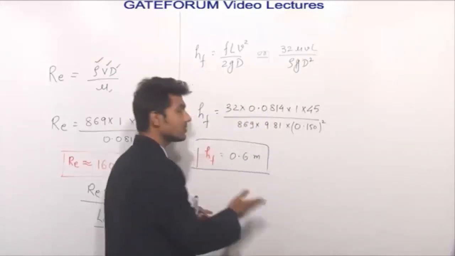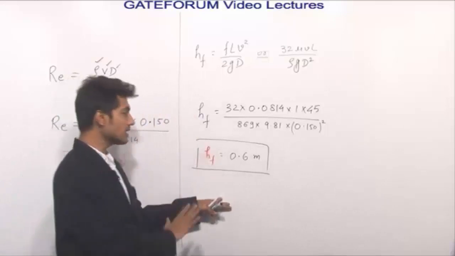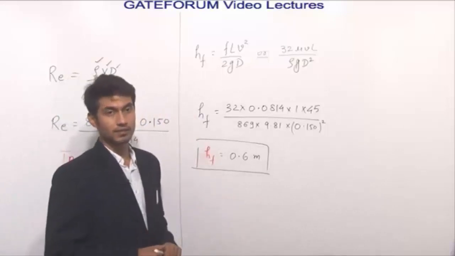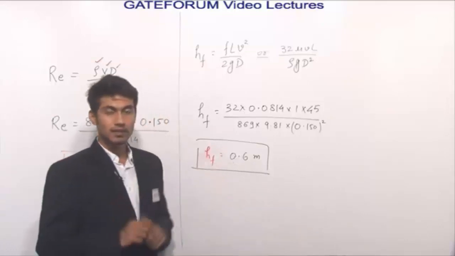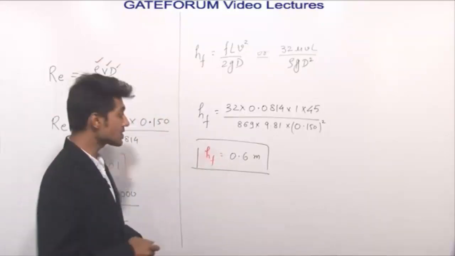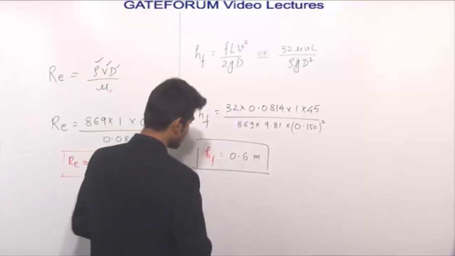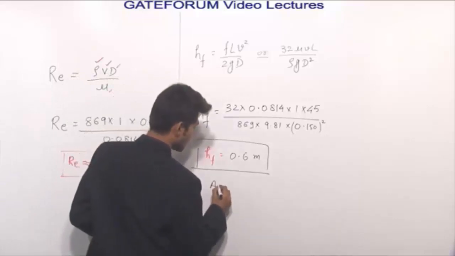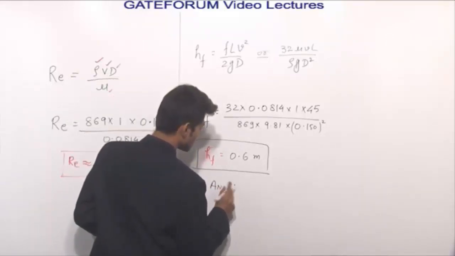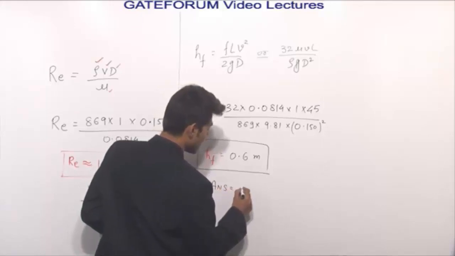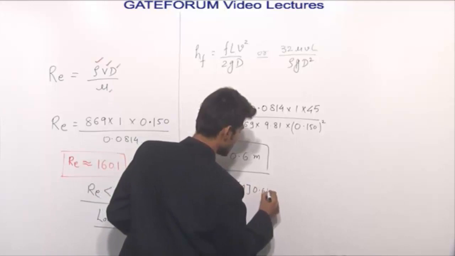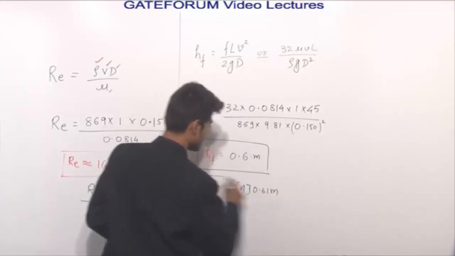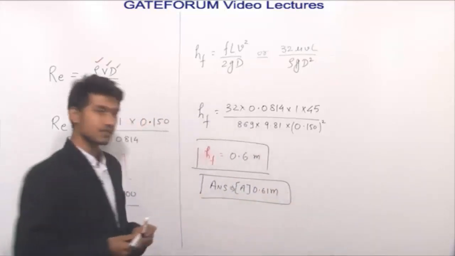So if a little bit of variation is there in your answer, you can tick the correct answer. Our answer is 0.6, and the nearest option we are getting is 0.61 meters. So we can conclude that our answer is A, that is 0.61 meters. So the final answer is A.